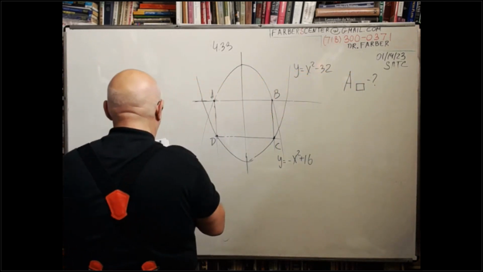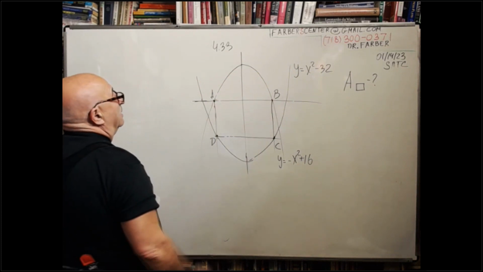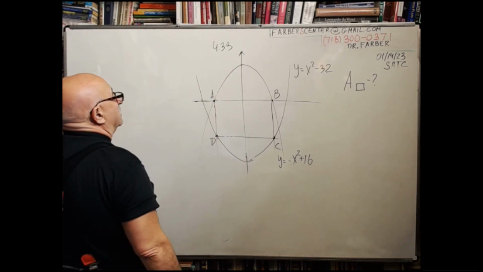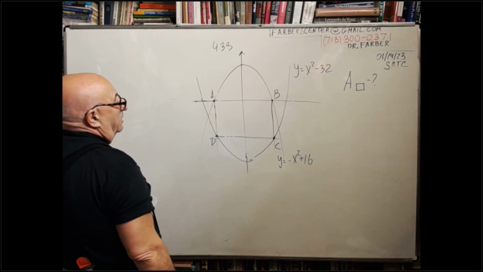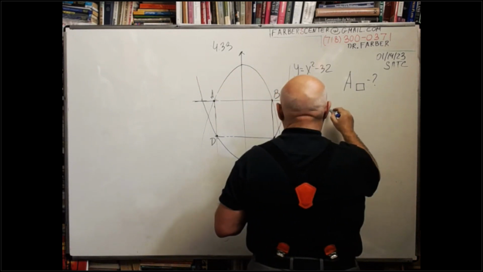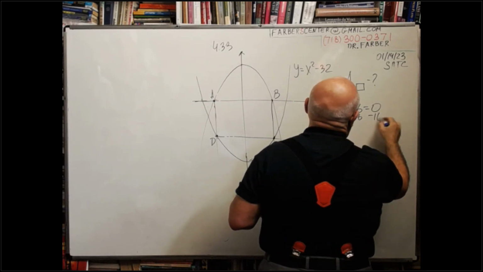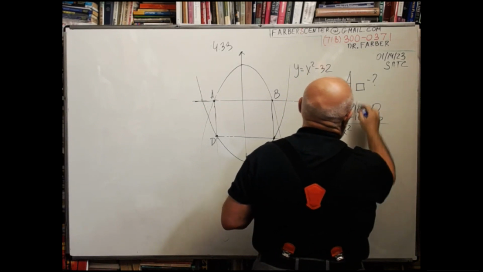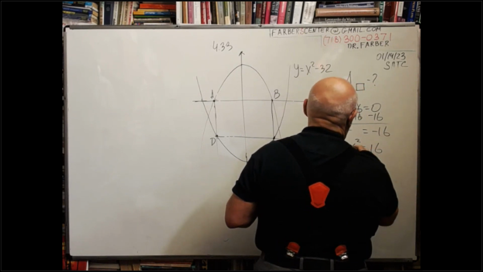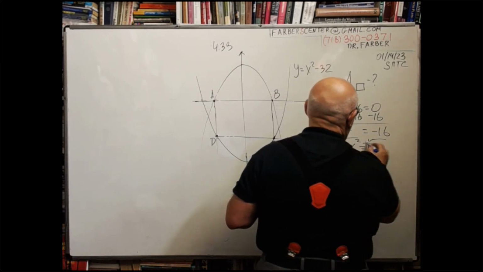Well, I want to find these points. Since I want to find the coordinates of these vertices, when this equation equals 0. So y equals negative x squared plus 16 equals 0, minus 16 both sides, negative x squared equals negative 16, x squared equals 16, square root of both parts, and you get x equals plus or minus 4.